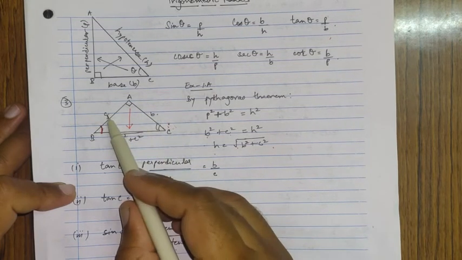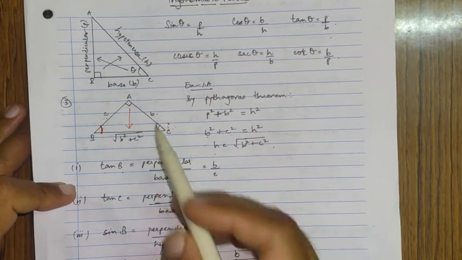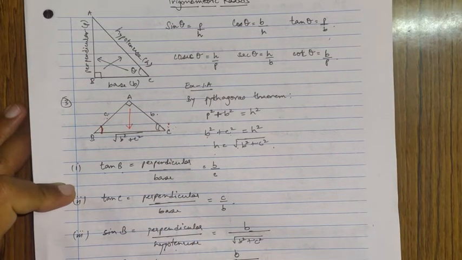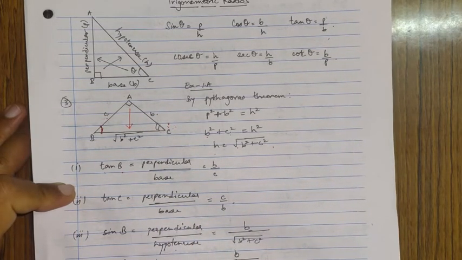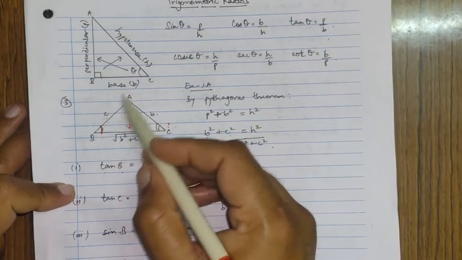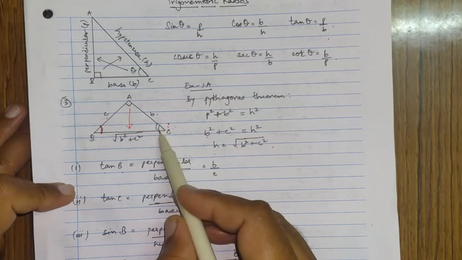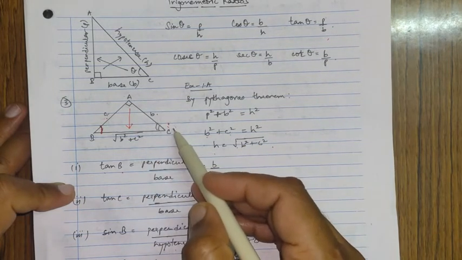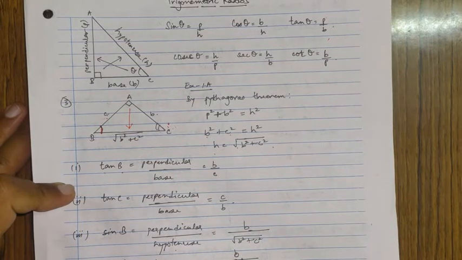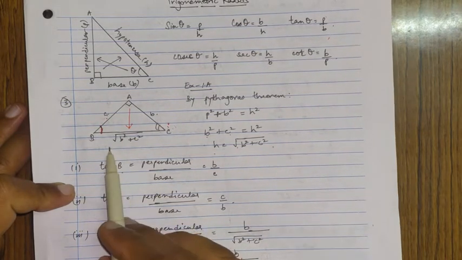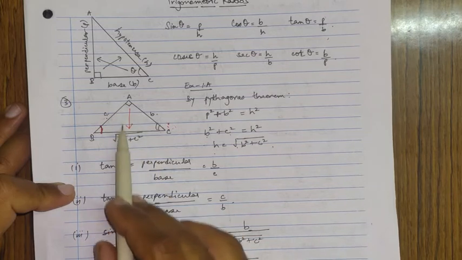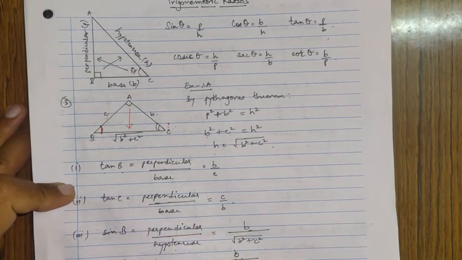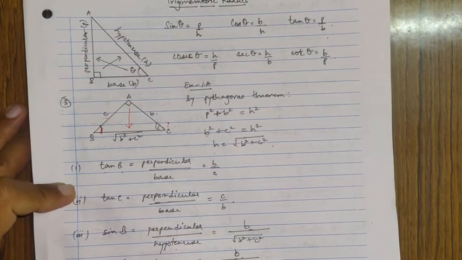Because AB is the perpendicular and AC is the base, and cos is base upon hypotenuse, in place of base we will write B, and in place of hypotenuse, we copy the same value, the side opposite to the 90-degree angle, that is under root B square plus C square. In this way, we will get the answer.